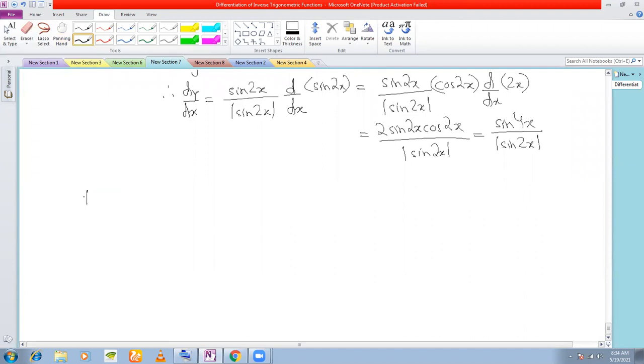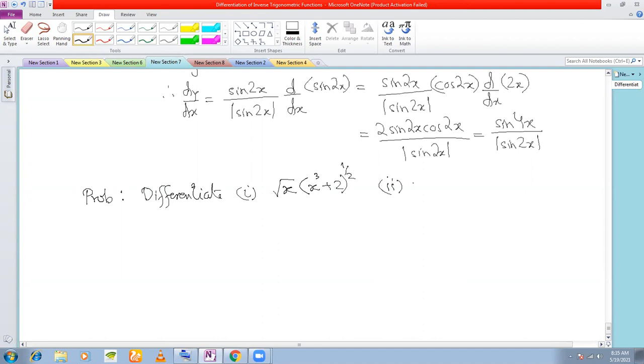The question is, the first set of questions, differentiate. Number 1, root x into x cube plus 2 whole to the power of half.